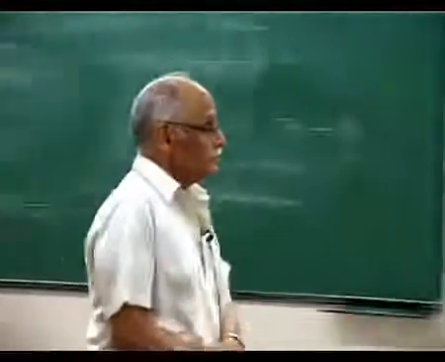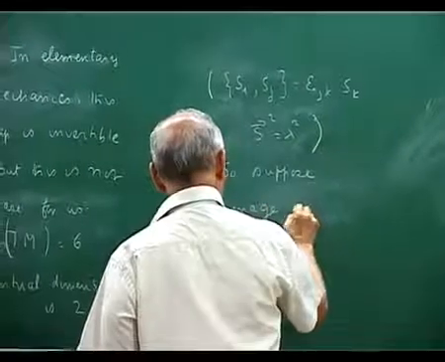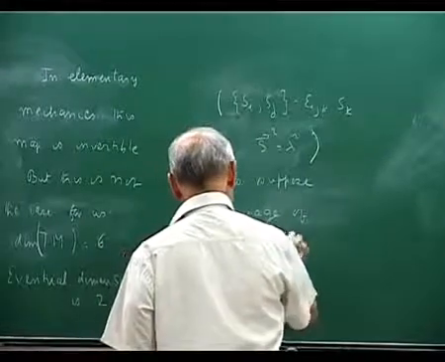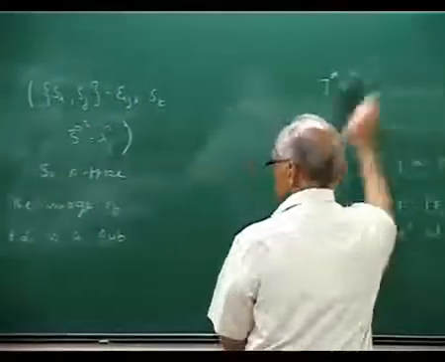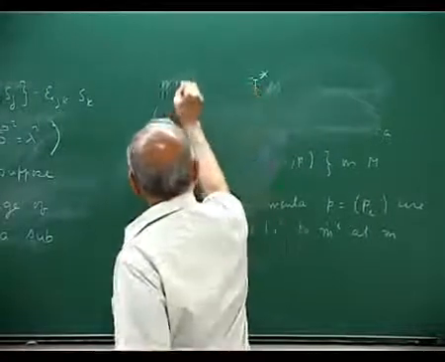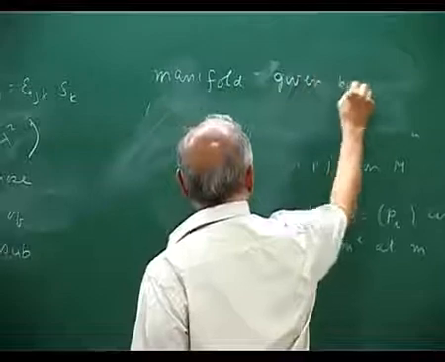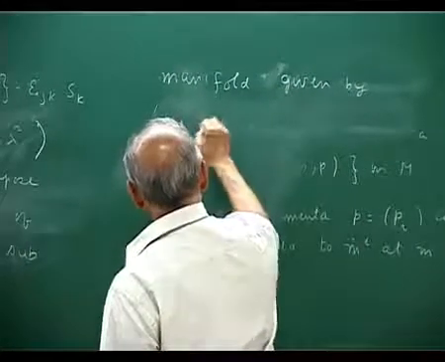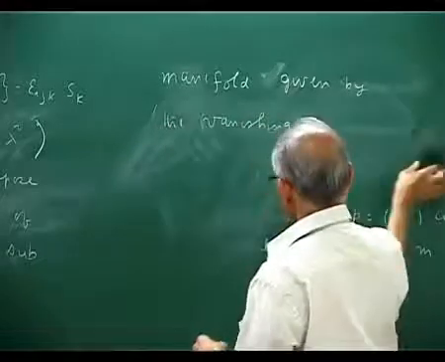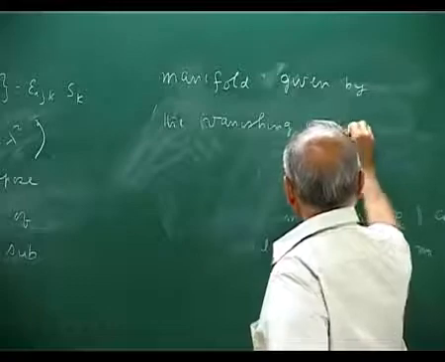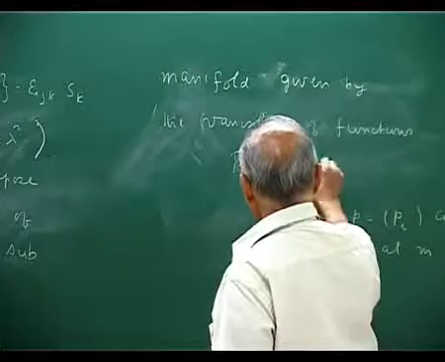So let me go back here. Suppose the image of this map is a submanifold given by the vanishing of functions Tj of, let me write m and p, equal to 0.